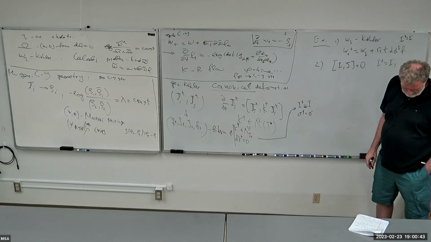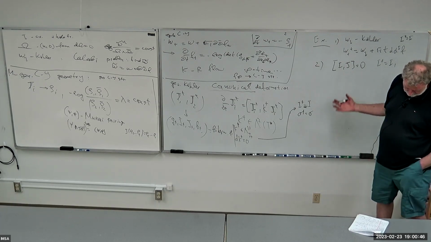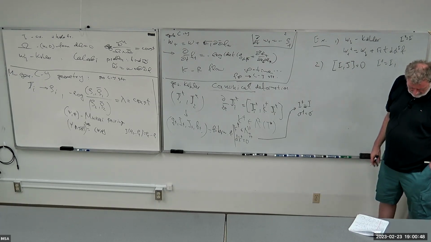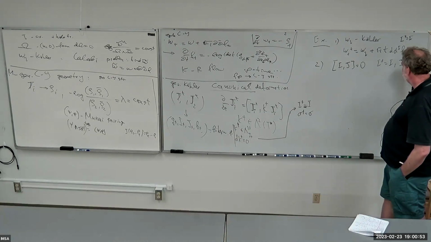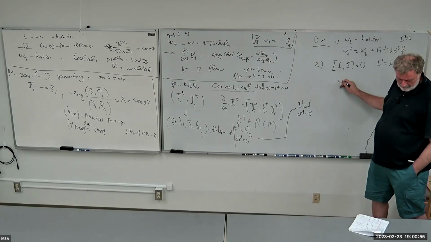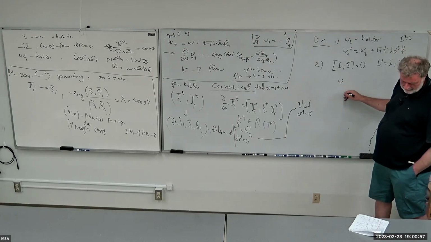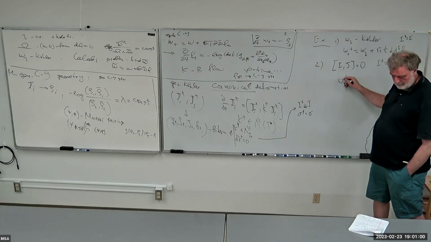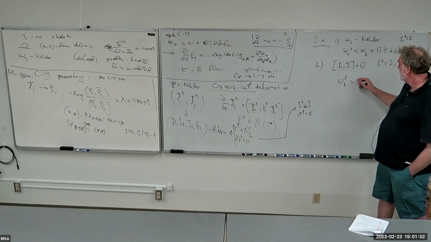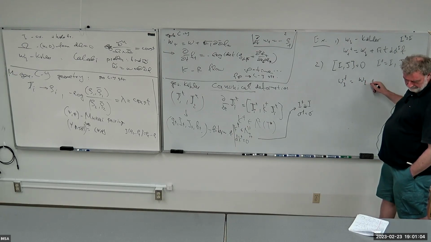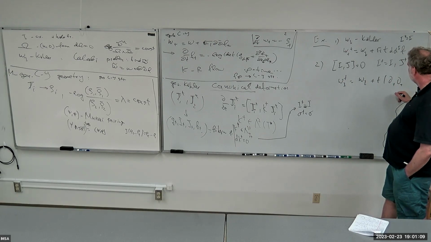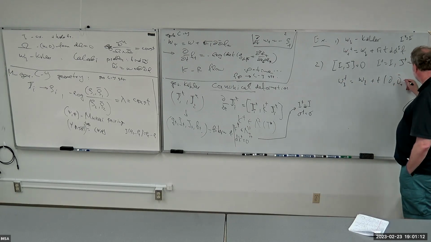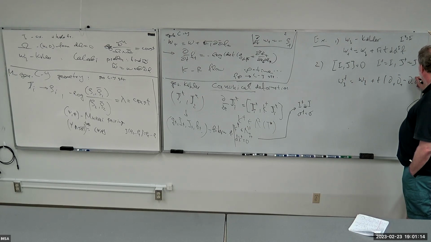I believe JT is also the same, and omega IT looks like omega I, minus of a function.